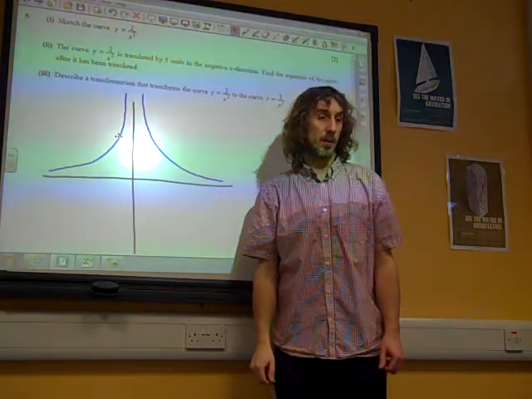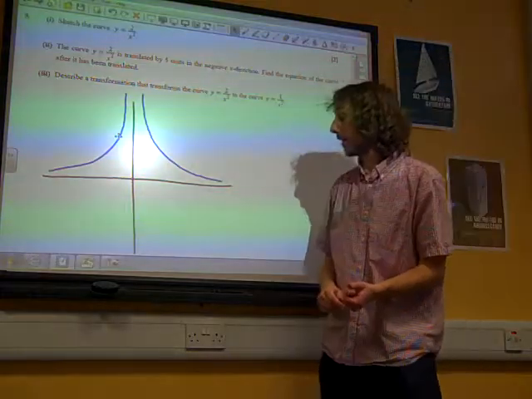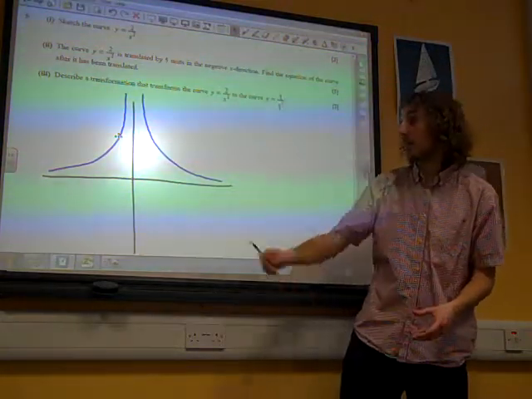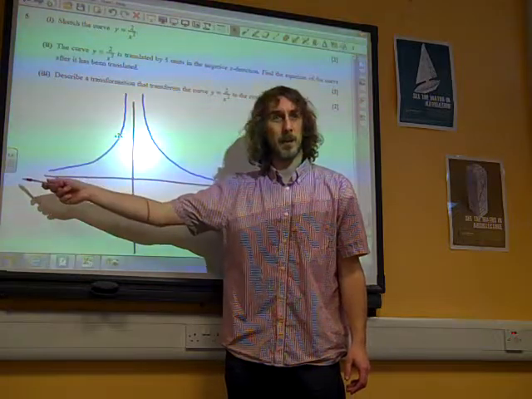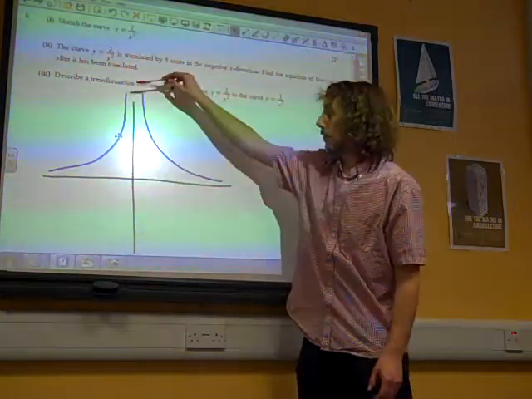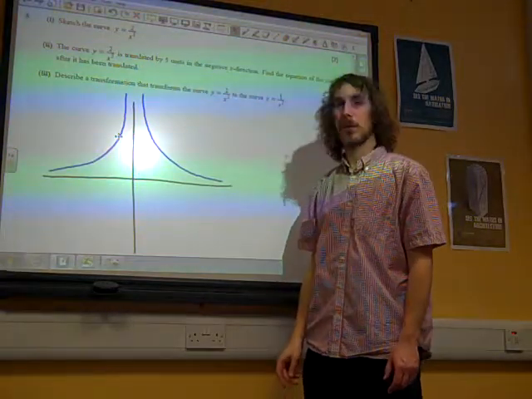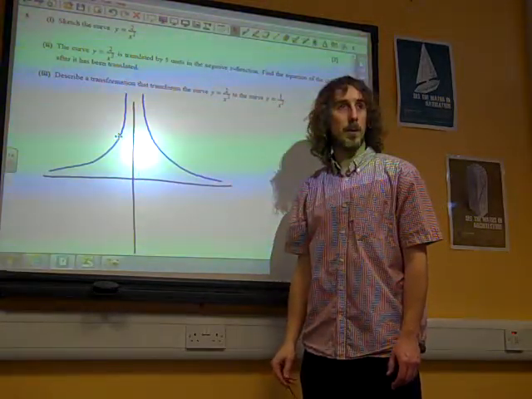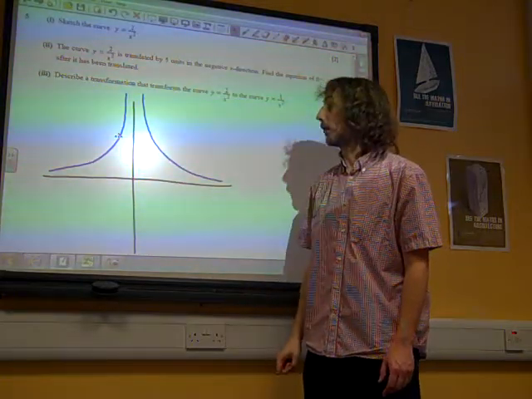For only 2 marks, there's a lot for you to go wrong with that. The one that I've drawn, I'm a bit worried that it doesn't look particularly like an asymptote down there. I was a little bit careless with that. We've got to make sure that these don't end up curving back round again. I think I'd probably give myself 2 marks for that one, but you've got to try and get it done really well.